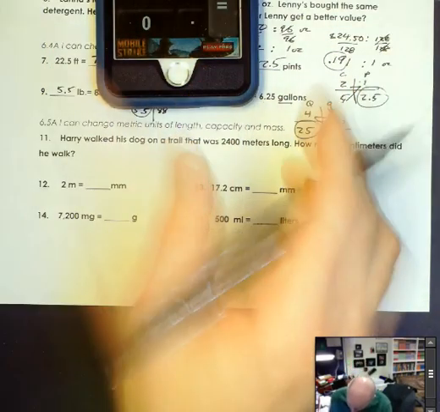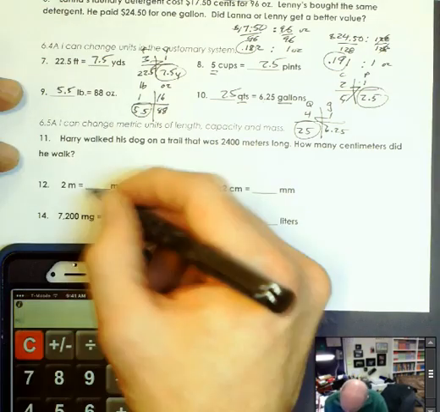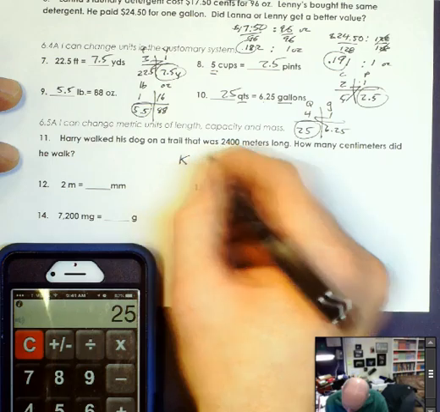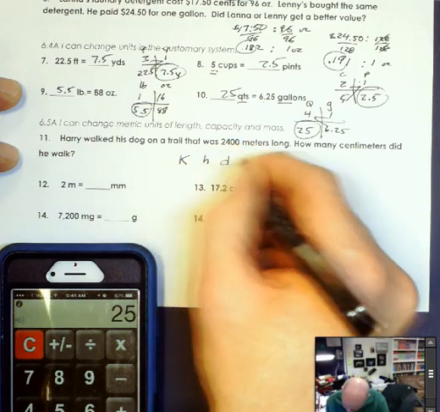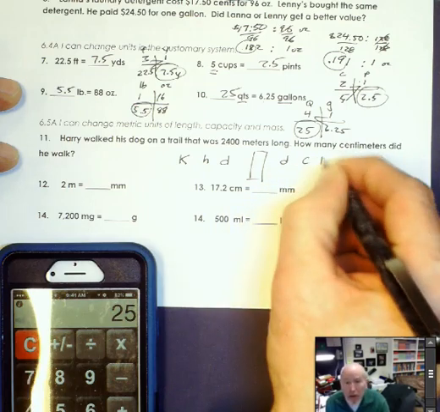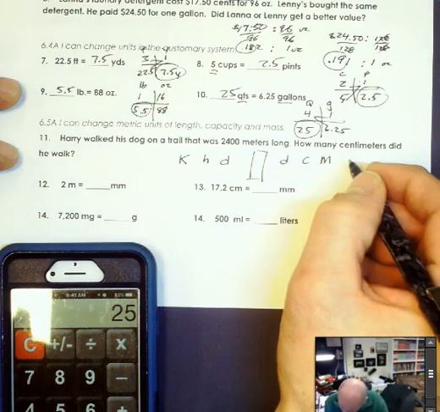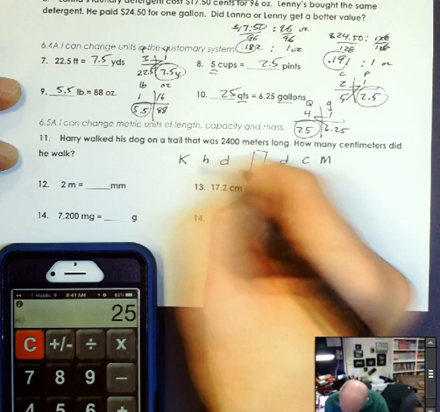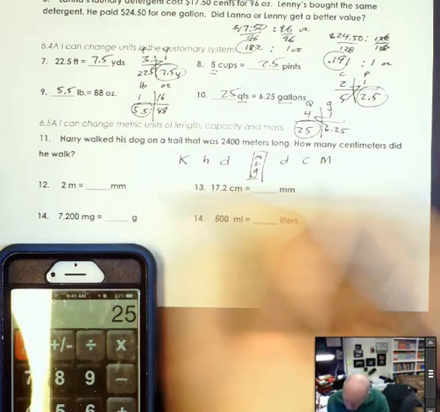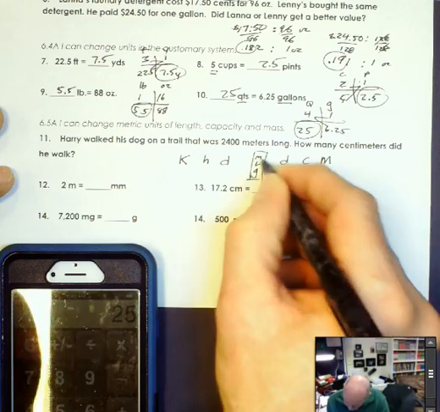Okay, let's slide up a little bit more here and look at converting metric units. So we've got 2 meters is how many millimeters? Let's do this whole King Henry thing. King Henry died drinking chocolate milk. So we've got meter, liter, and gram in there. So we have 2 meters, so we're here in the meter category.